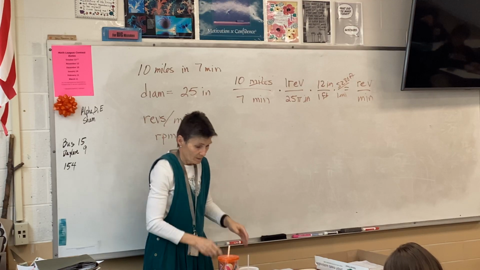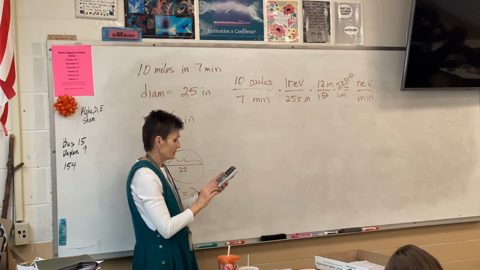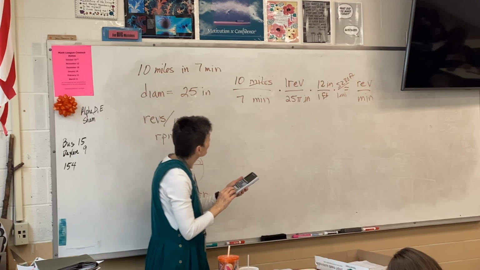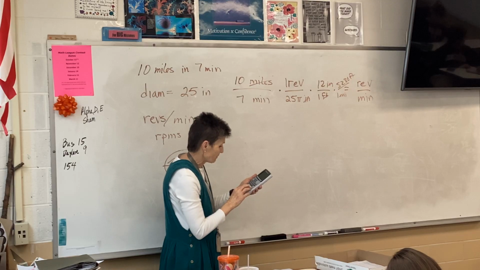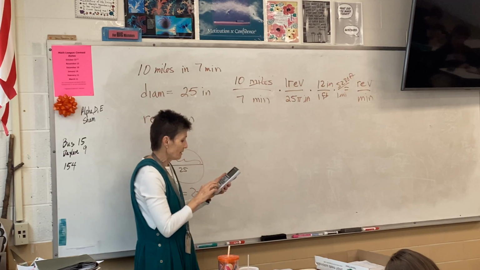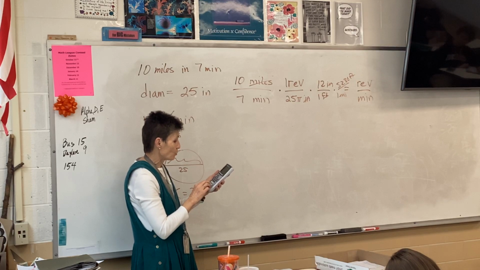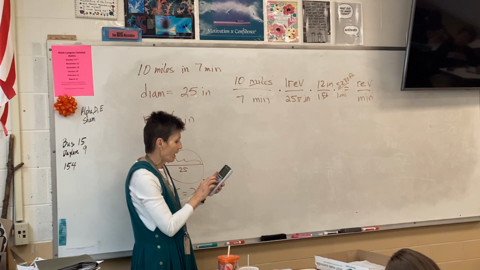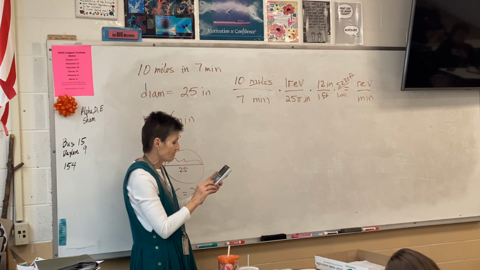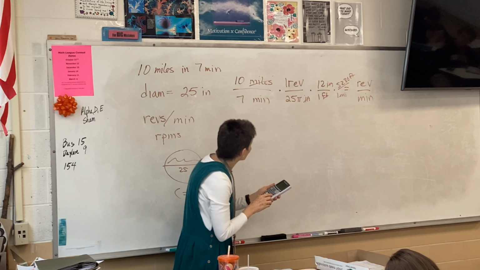Right? So I'm going to type in 10 times 12 times 5,280 divided by 7 divided by 25 pi in parentheses, or do them separately. Divided by, that's it.